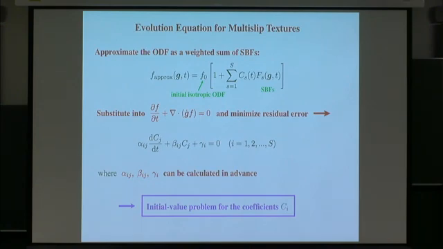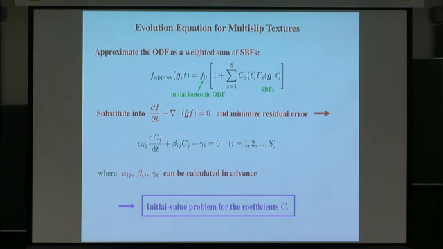So now we substitute this hypothesized expansion into the evolution equation, and we minimize the residual error. We try to get this thing to satisfy the evolution equation as well as we can, and we get this set of equations here.